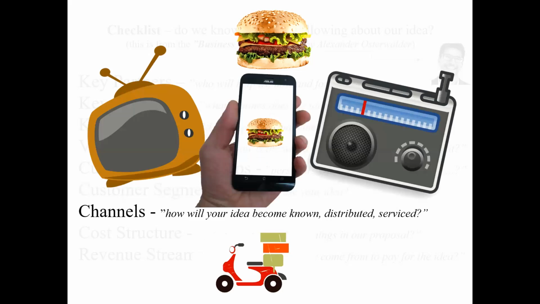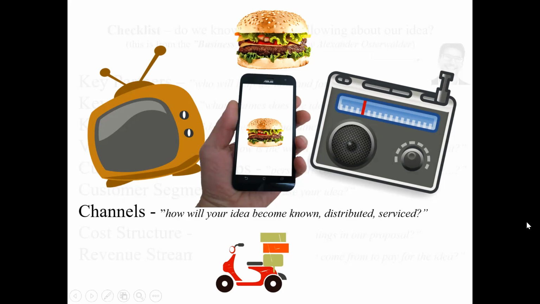The 7th point here is the channels through which you are actually going to reach the world. So again, it's a restaurant we're starting here, right? So our channels here would be, maybe we have a website so people are able to search where we are and what we offer.